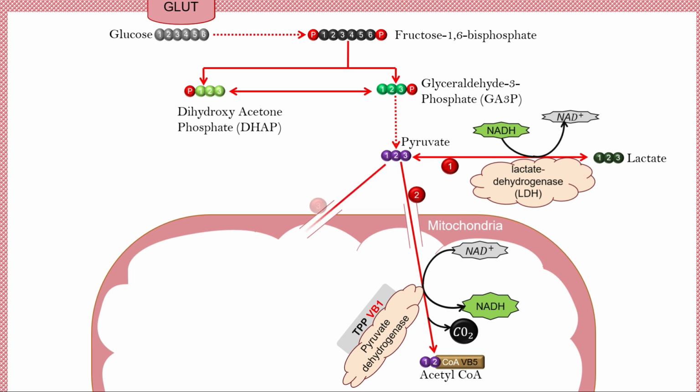The third pathway is to convert pyruvate into oxaloacetate. Now, oxaloacetate is one of the very important molecules that participate in the Krebs cycle. But the unique thing with oxaloacetate is that it is a 4-carbon compound, whereas pyruvate is a 3-carbon compound. How do we get another carbon added to pyruvate so that we end up with 4 carbons?